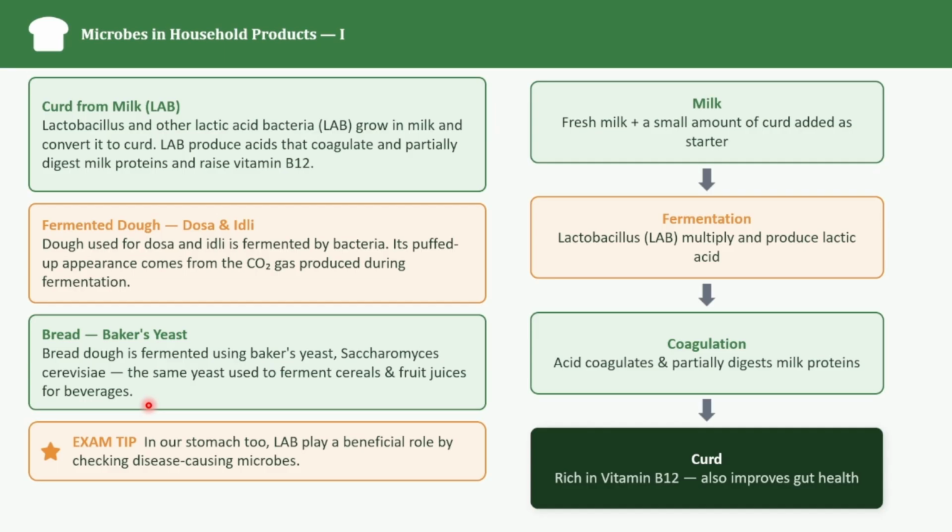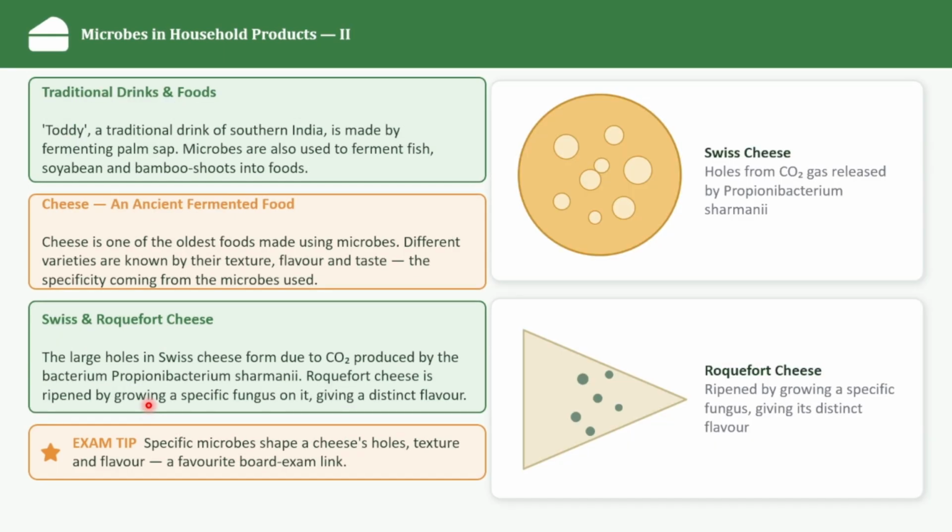Next we are going to see microorganisms in household products. Again, the second slide we are going to see. It talks about how this microbial fermentation is not limited to curd, dosa, idli and bread. Apart from that, we have many traditional foods and drinks which are also prepared using microorganisms.